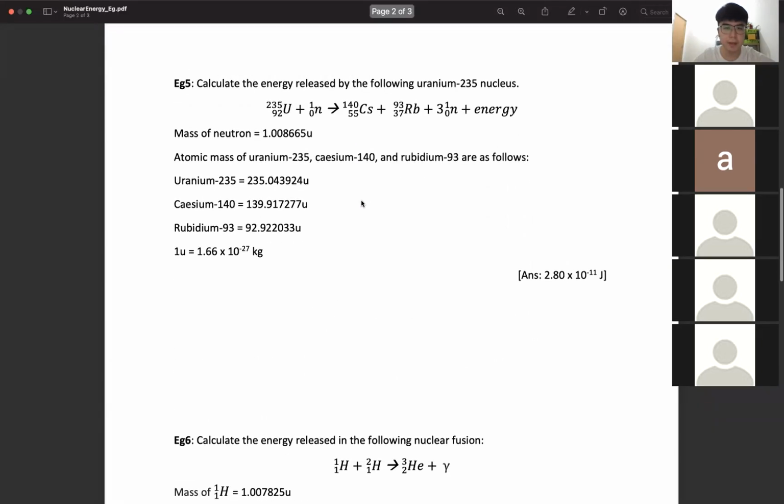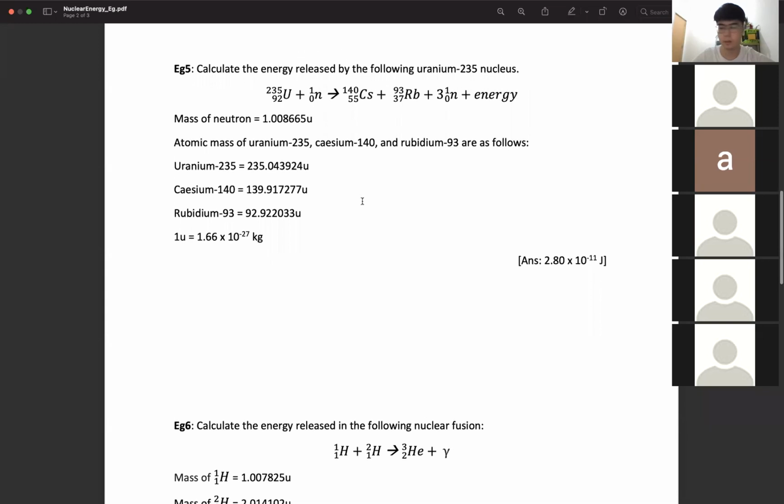Okay, example 5. Now, usually the exam type questions is like this. Calculate the energy released by the following uranium-235 nucleus. You are given an equation. What reaction is that?